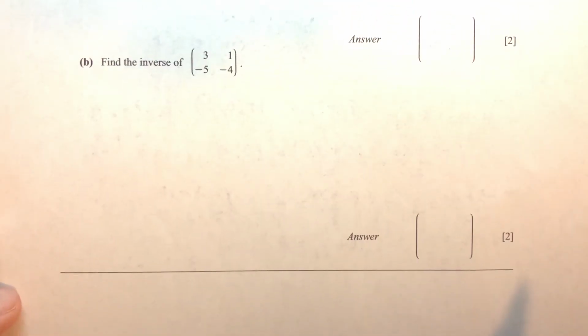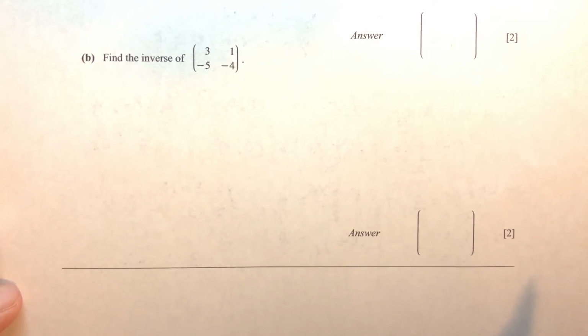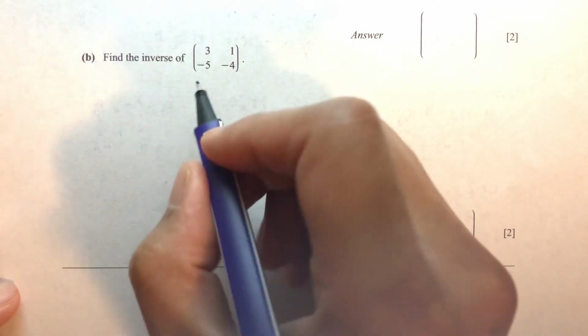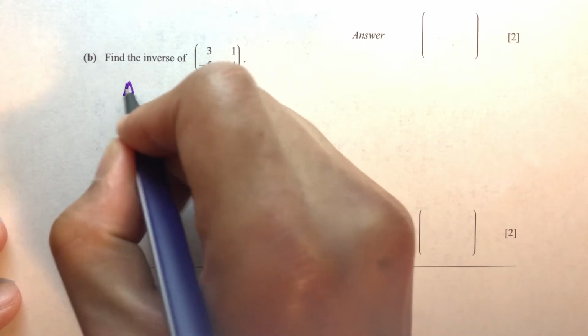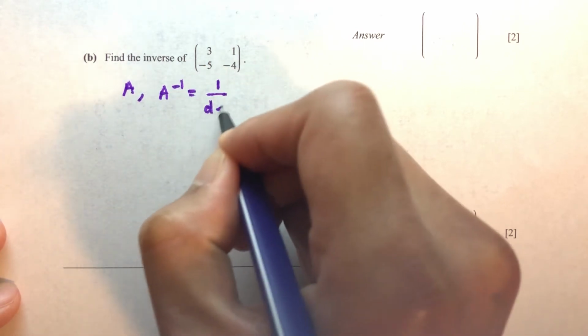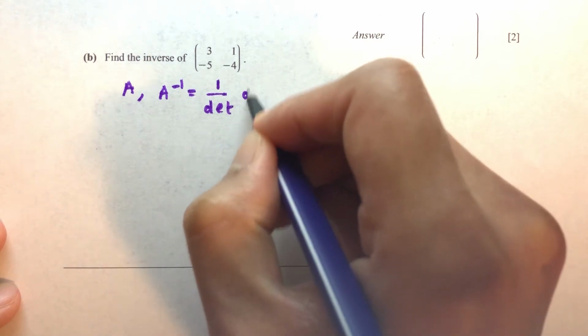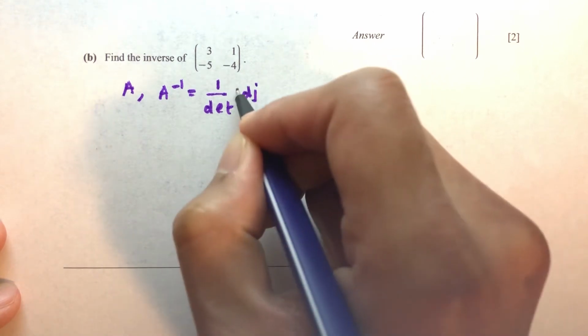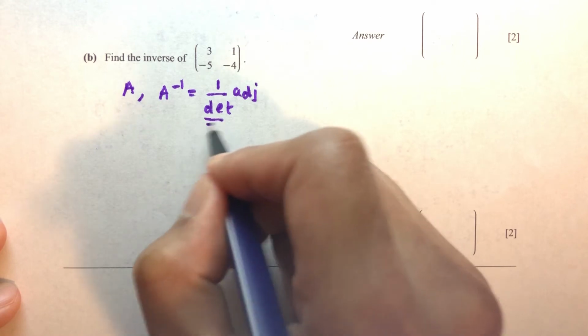Okay, so now moving on to part B. Find the inverse of this matrix. So let's call the matrix A. To find the inverse of A, we have to find 1 over the determinant, and we have to find the adjoint matrix. So let's find the determinant first.